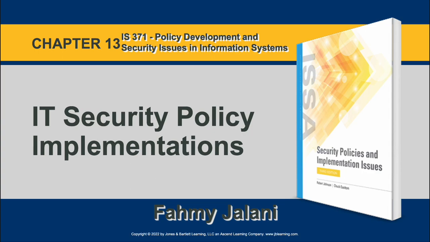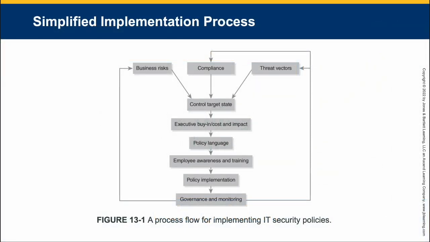So let's take a look at the diagram for the process flow in implementing policy. Here you see the loop, top down, from compliance, target state, executive buy-in and impact, policy languages, employee awareness and training, policy implementation, governance and monitoring.